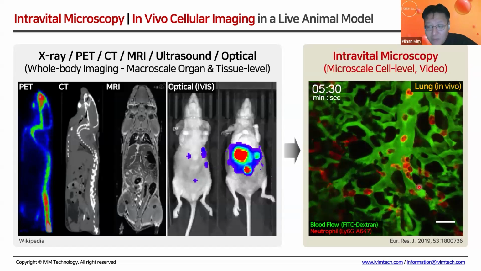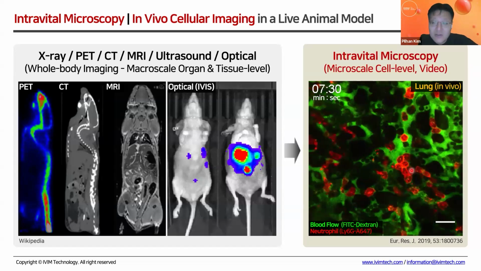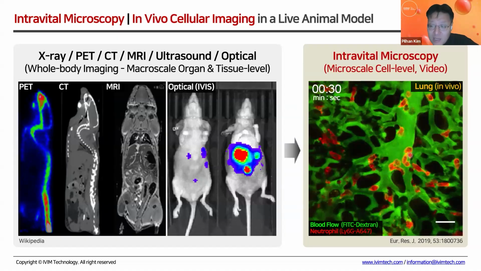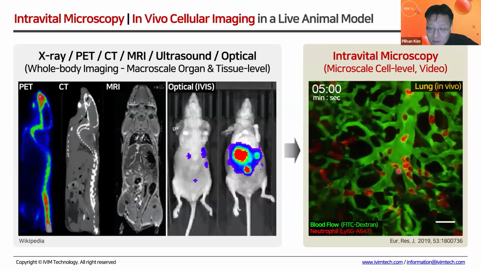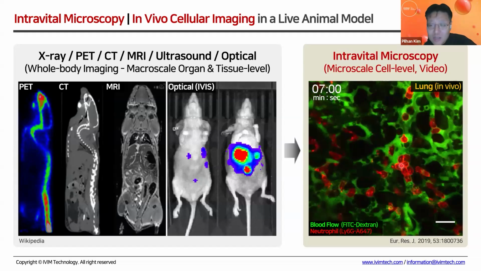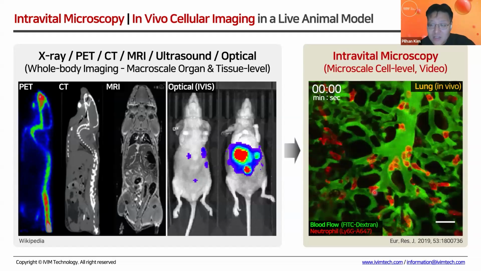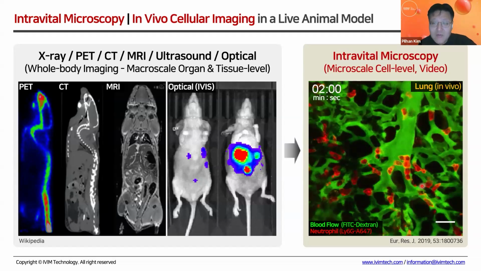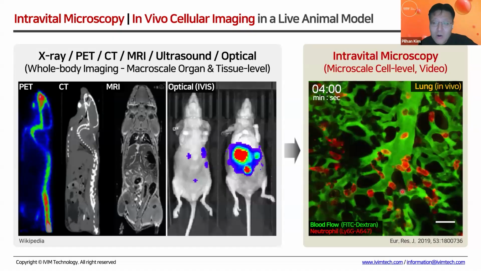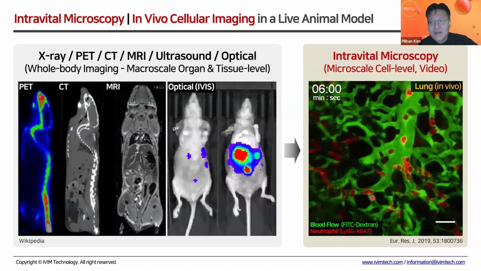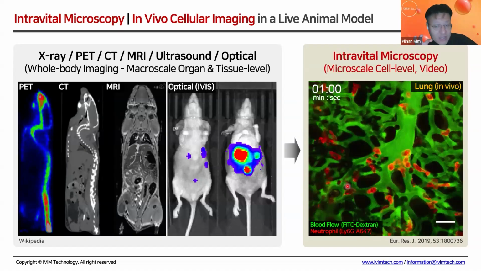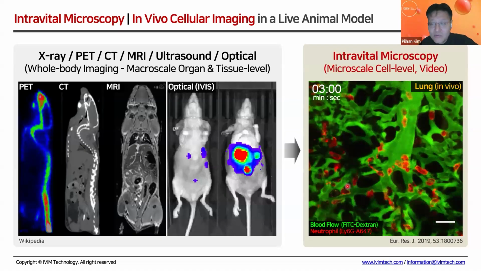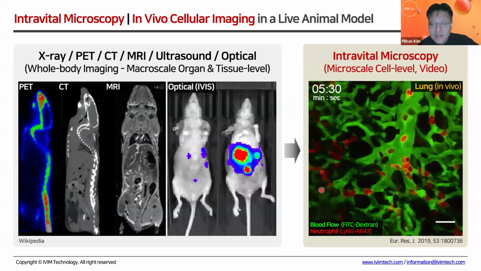You can see how dynamic they are inside the blood vessel, how they interact with each other and make a small cluster here, and eventually disturb the microcirculation in this site inside the lung of a live mouse model of acute lung injury. This is one good example of what you can expect to obtain by using intravital microscopy.